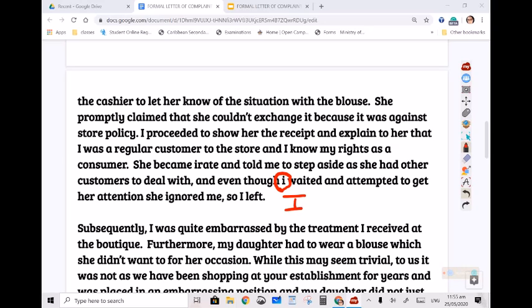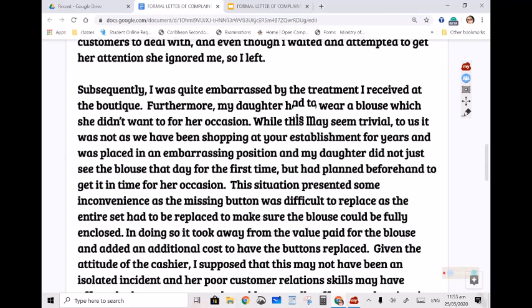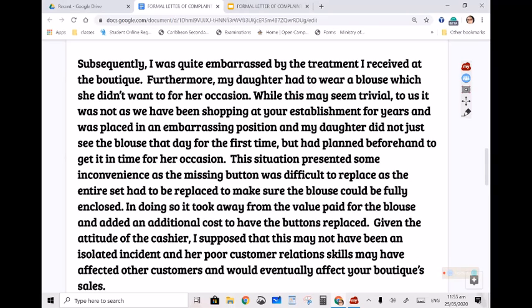She ignored me, so I left. Okay, so that would have been explaining what happened, as we had done in the slide previous to this. So this is an actual example, right?